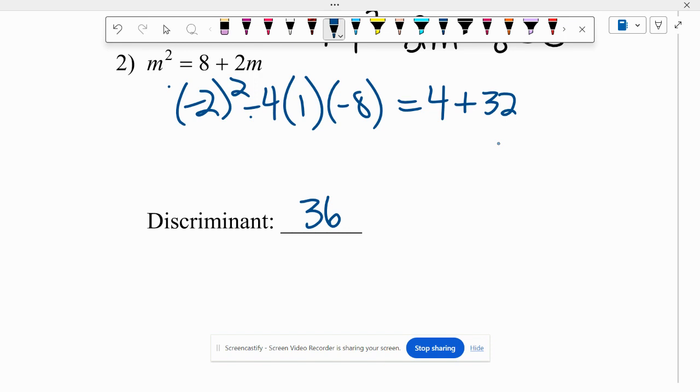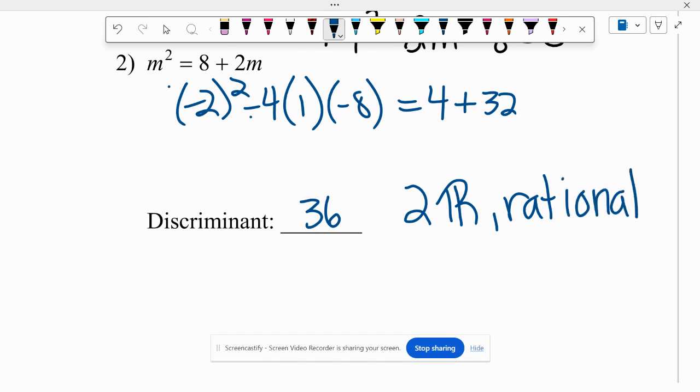We're going to have two real, rational solutions that are unequal. That's what our solutions are going to look like. That is the nature and the number of roots. Two real, rational, unequal. Okay?